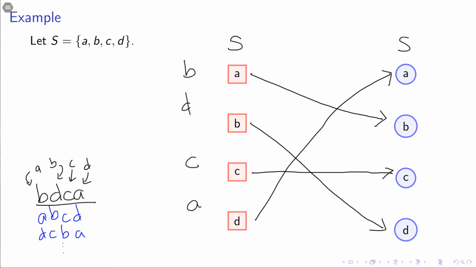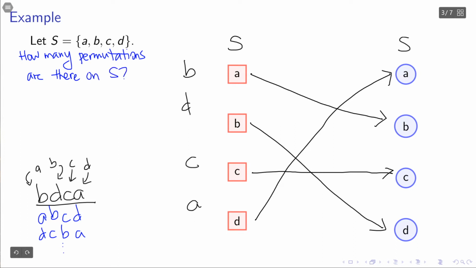And so the question we're asking here is, how many are there? Right? How many permutations are there on the set S?